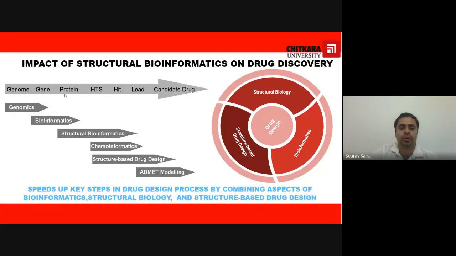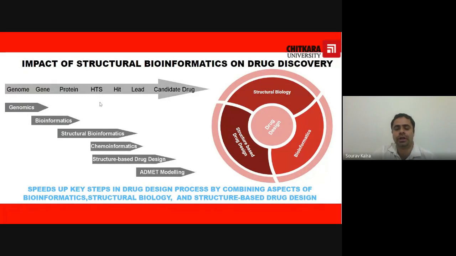From gene to protein there is a process: the gene is transcribed from the genome, and from the gene, by translation, protein is produced. If the protein is overexpressed or underexpressed, we can target this protein. We can use high throughput screening, structural bioinformatics, chemoinformatics, docking methodology, and all types of techniques, leading to high throughput screening.